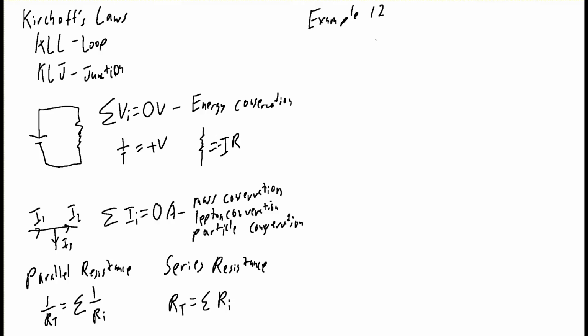Example 12. Okay. So I have a battery. It goes into a resistor. And then it comes down through another resistor, and that joins back to the battery. And then we go over here, and we go through one resistor and another resistor.